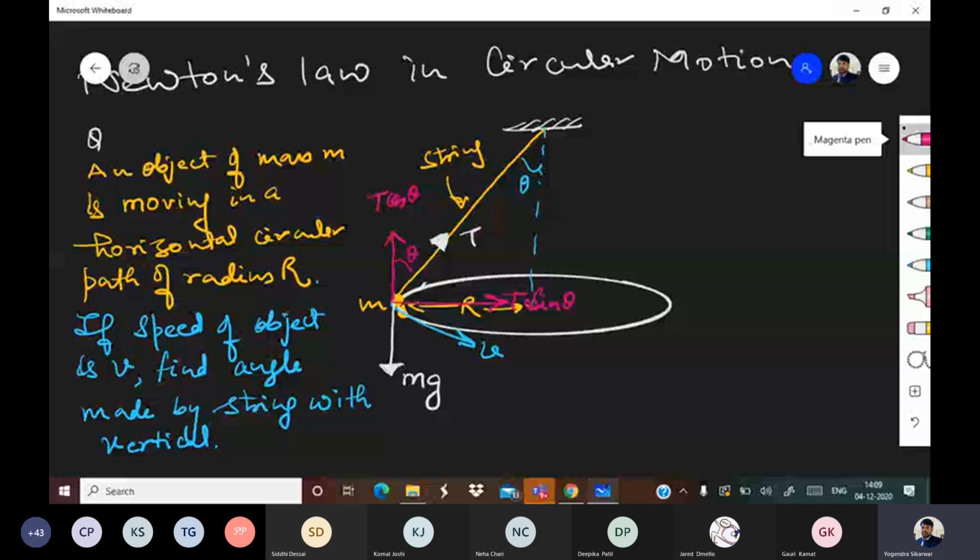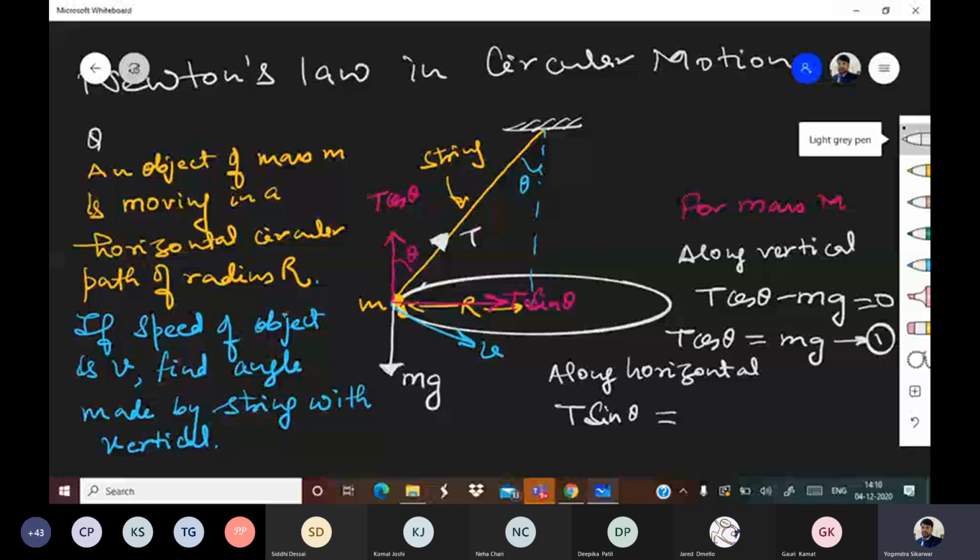Now along horizontal, T sin theta is acting along horizontal, and that will be providing necessary centripetal force. So T sin theta is equal to mv square by r. That is equation number 2.